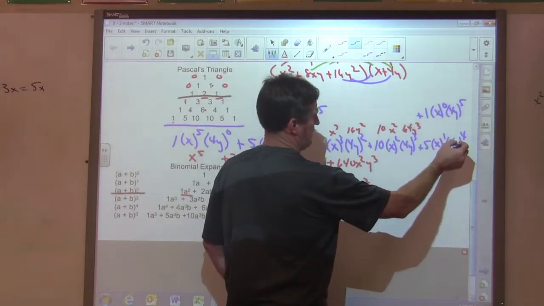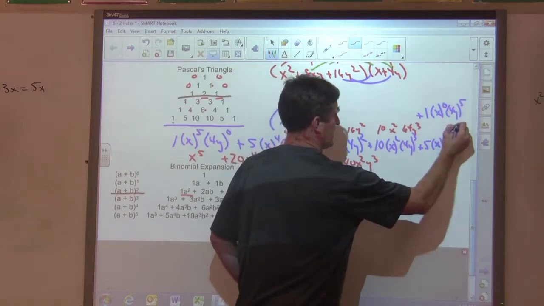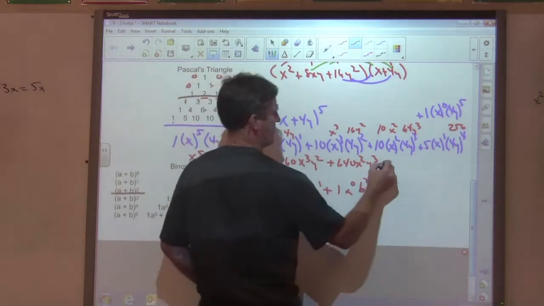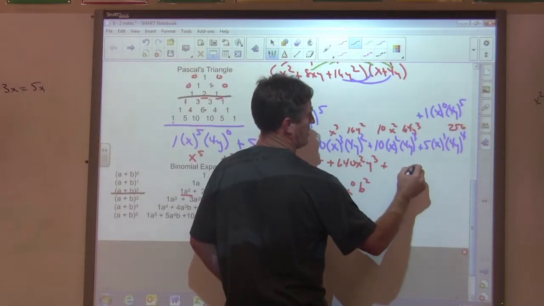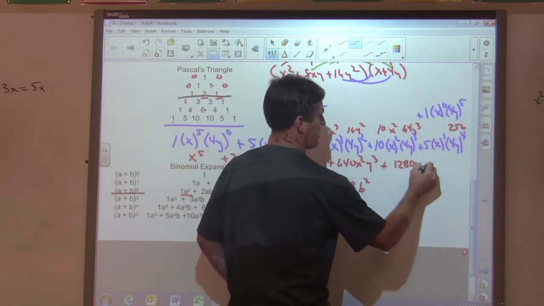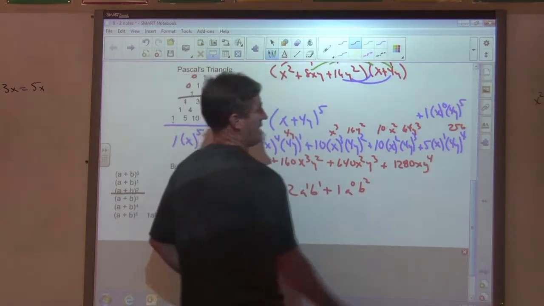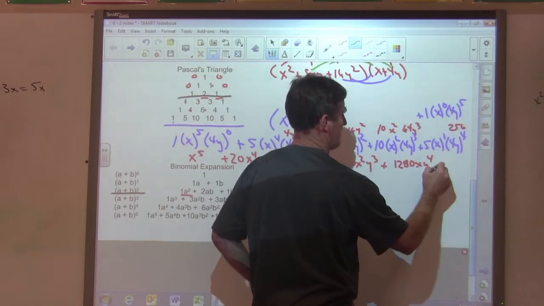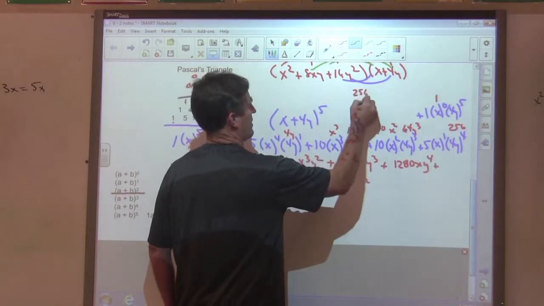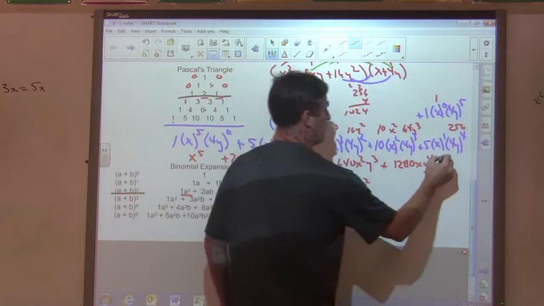Then we have 4 to the 4th, which would be 256, times 5, 1,280 x, y to the 4th. And lastly, we would have 4 to the 5th, because this is going to be 1. So you're going to have to go 4 to the 5th, 1024.